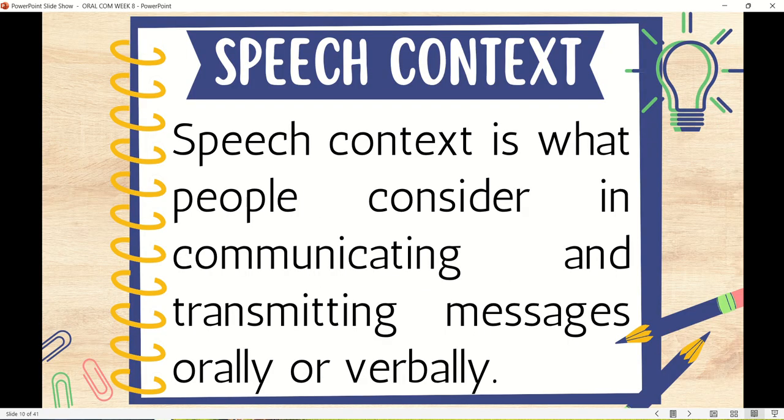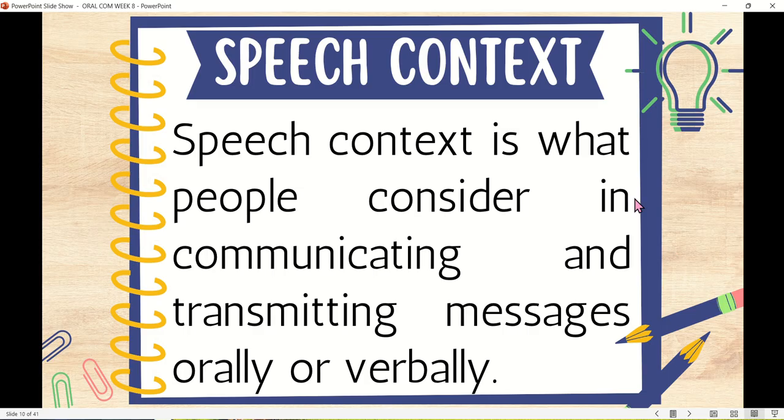But first, let us define what is speech context. Speech context is what people consider in communicating and transmitting messages orally or verbally. Speech context contains all of the factors or situations or bases in order to communicate successfully with the other people using our mouth or our voices.